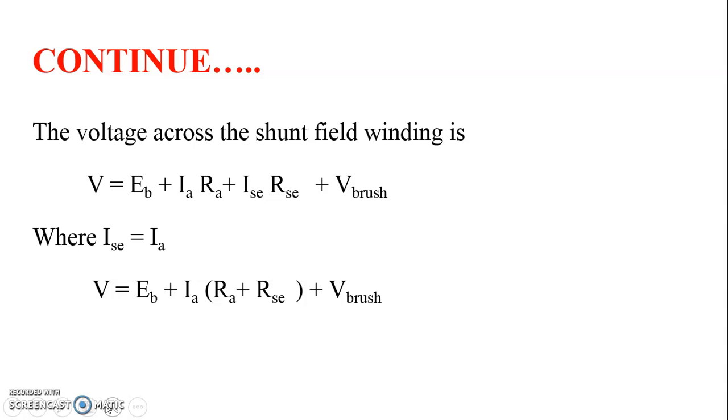The supply voltage is given by V equals Eb plus Ia into Ra plus Isc into Rsc plus V brush, where Isc is equal to Ia. So we get Eb plus Ia into Ra plus Rsc. Here, instead of Isc we substitute Ia, then take Ia as common. We get Ia into Ra plus Rsc as the final equation.